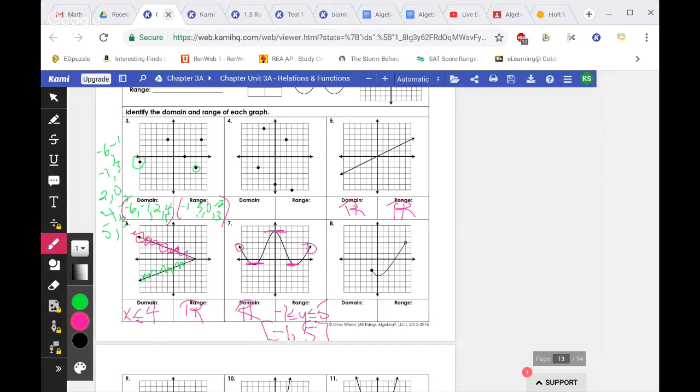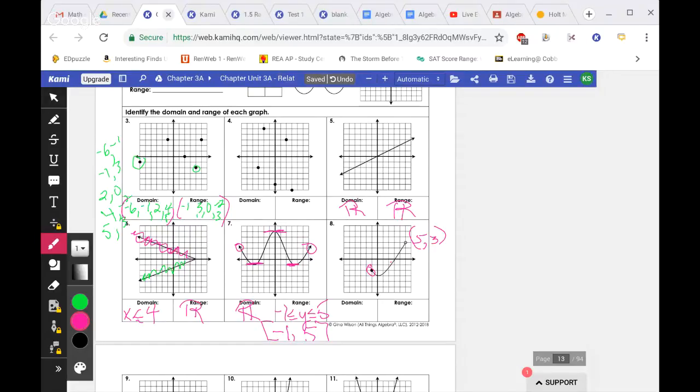That's the ordered pair right here. So the smallest x value is going to be -1, and the largest x value is going to be 1, 2, 3, 4, 5. So it's going to be 5, 3.